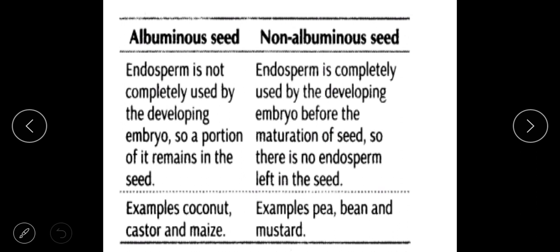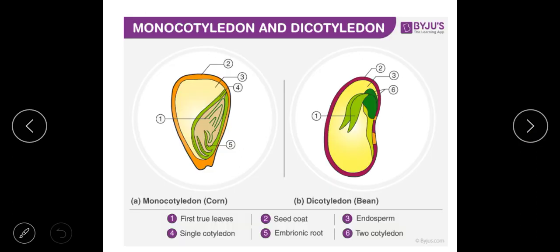Then castor is mentioned in this slide, which is a dicot seed, but being a dicot, still it is an endospermic seed. You can see the diagram of the endospermic as well as the exendospermic seed. This is the bean seed and this one is the maize seed. This portion is the endosperm, and here the endosperm is completely finished off, and we call this portion the cotyledons.